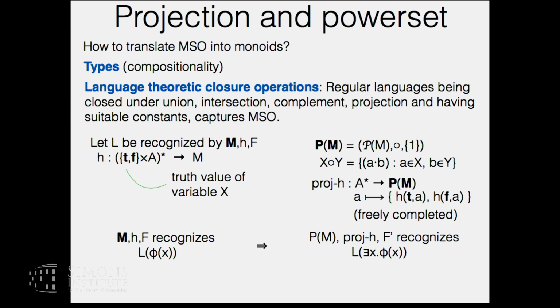My regular languages have many closure operations, so I will have one corresponding to each construction of my logic, and I can compile my logic into operations on regular languages.